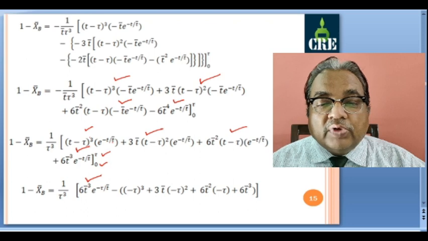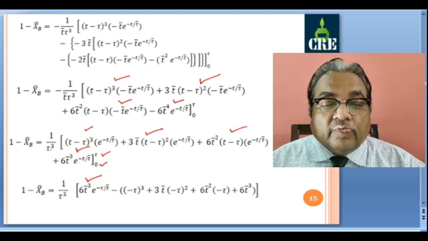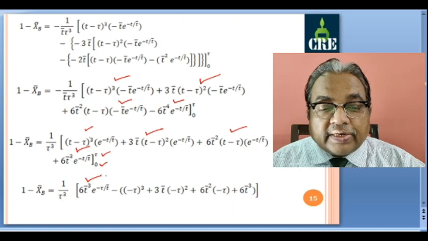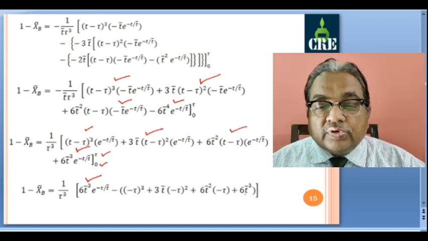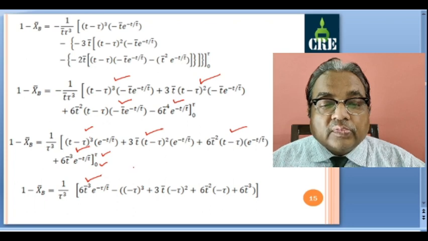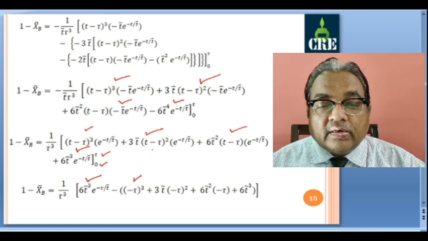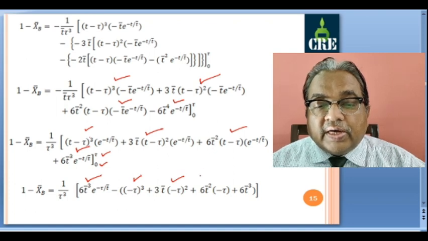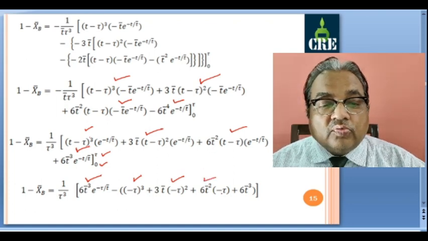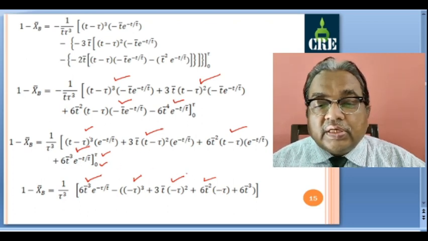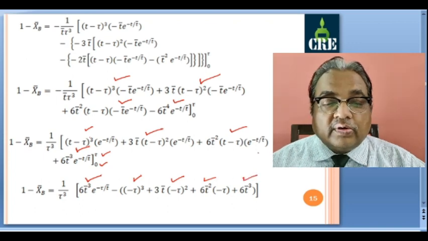So here 1 1 1 1, I will get all the terms with minus sign, because I am subtracting, and I will substitute in this bracket all the lower limits. So minus tau cube, because t is equal to 0. So minus tau cube plus 3t bar minus tau square plus 6t bar square minus tau, and this becomes 1, so 6t bar cube. So I have got all these terms.